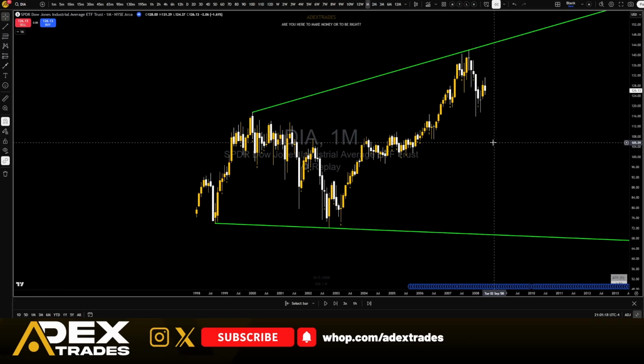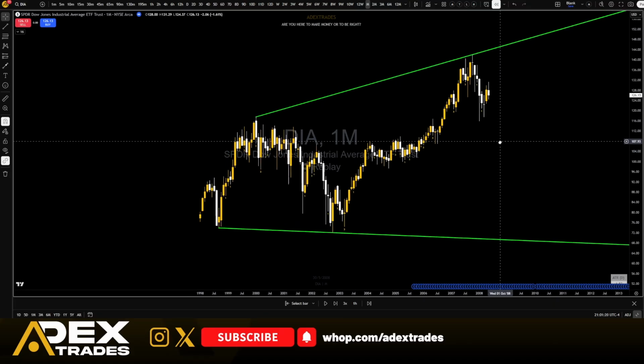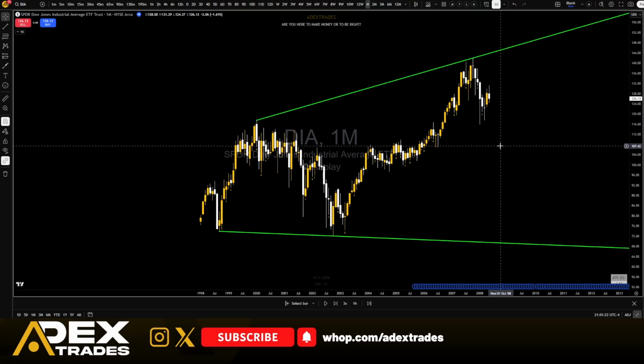I'll talk about that later, but when price is near a broadening formation, depending on whether it's a quarterly BF, a monthly BF, or a weekly BF, that tells you the level of strength of that broadening. The higher the time frame, the bigger the move.